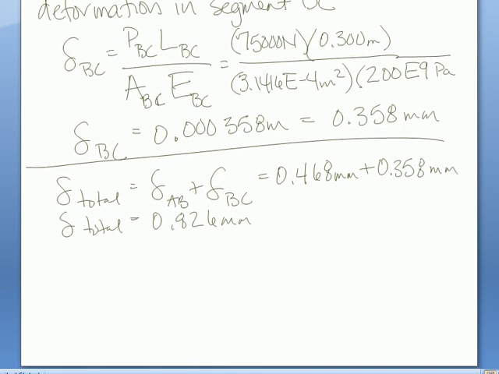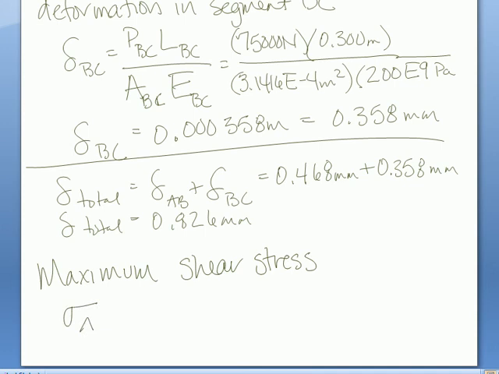In terms of the overall maximum normal stress, the stress in segment AB was 234 megapascals.